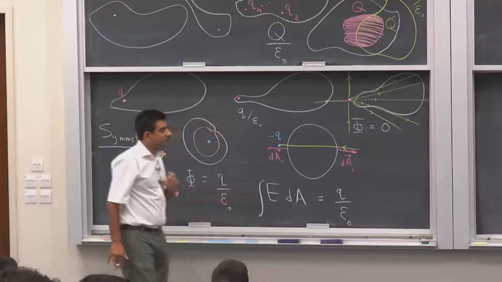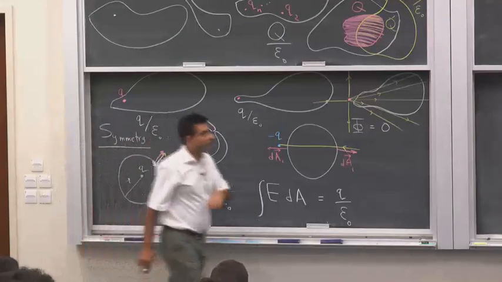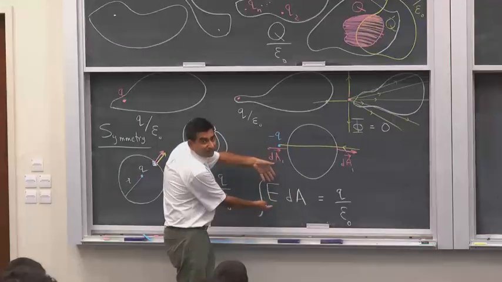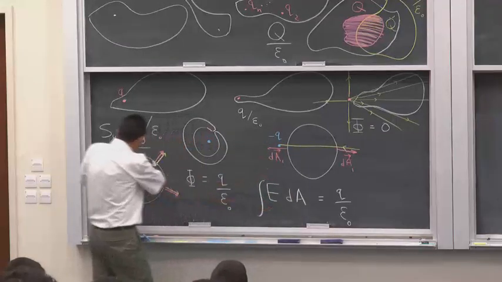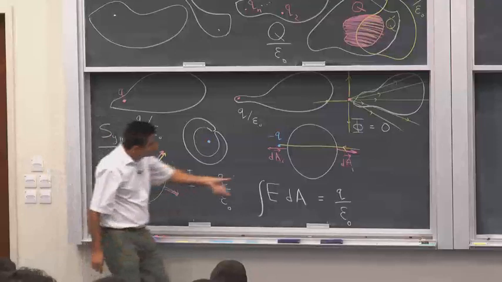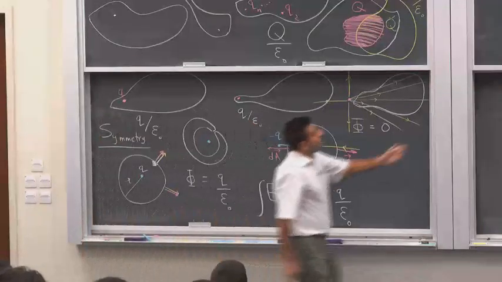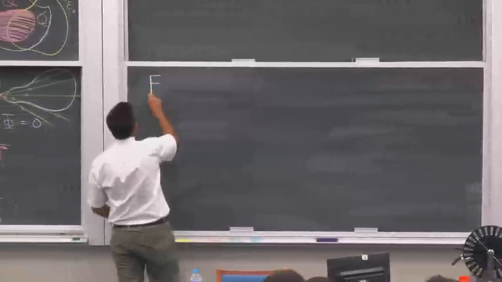That's not allowed. So this is the starting point. Now I know that the electric field, this is the magnitude, is constant along this radius. So I can pull this out of the integral. That's easy to do. So I have E times the integral of dA.